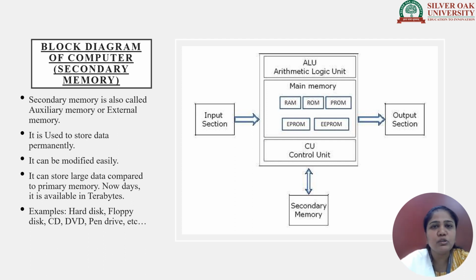That data remains over there. So that particular location is nothing but the secondary memory. We are storing the data into the hard drive of the computer system. So whenever we are about to store the data permanently, at that time we are using the secondary memory.